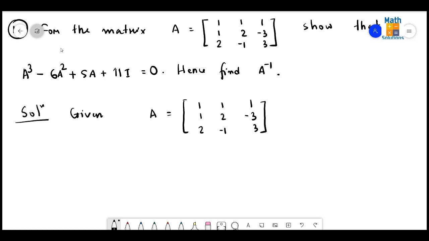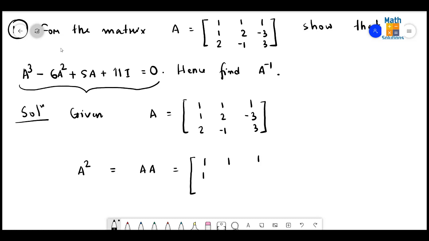For proving this expression we need the values of A square and A cube. Once we get A square, it will be possible to find A cube. A into A, so let us put the values in the respective places.